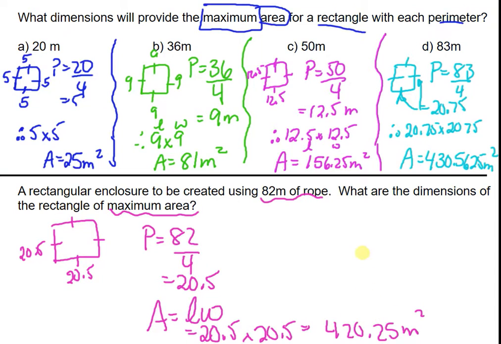The dimensions are 20.5 by 20.5, and the area is going to be 420.25 meters squared for an enclosure with 82 meters of rope.